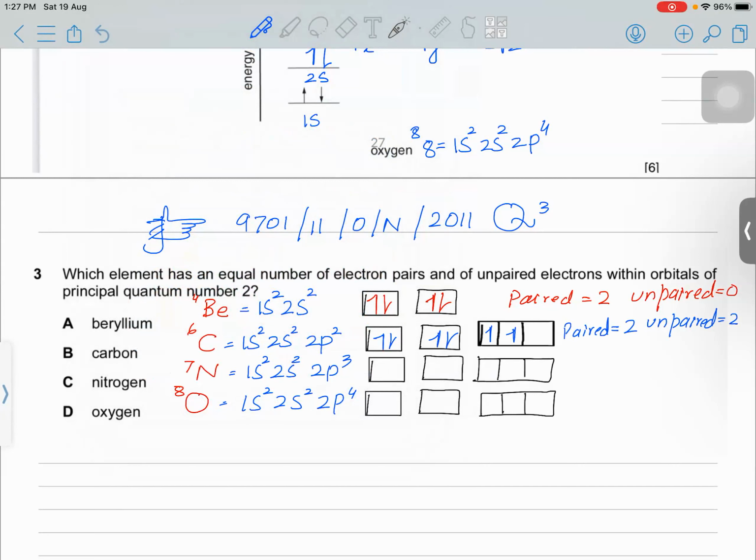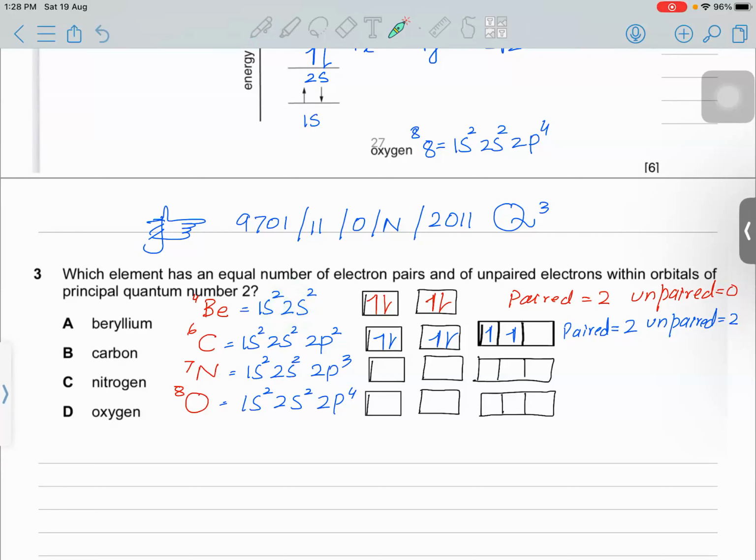So do you get what the question is asking, in quantum number two? This one is quantum number two. This one is quantum number two.